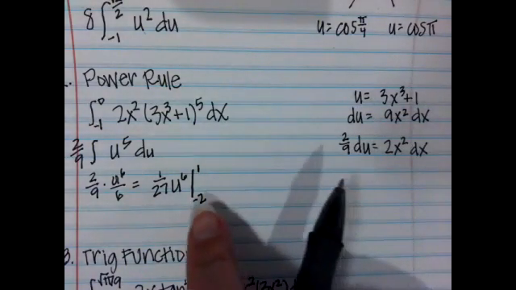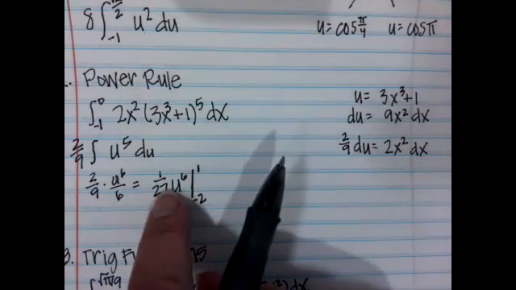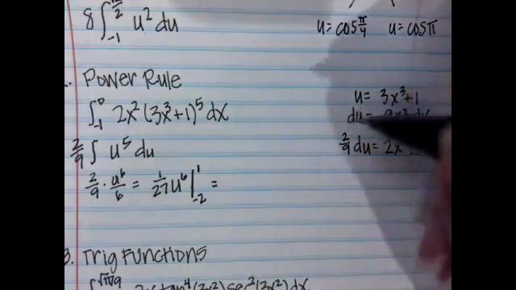And now I can just find my answer rather than substituting this back in, just doing it this way. And it comes out the same. I'll show you in a second because I actually did it both ways.